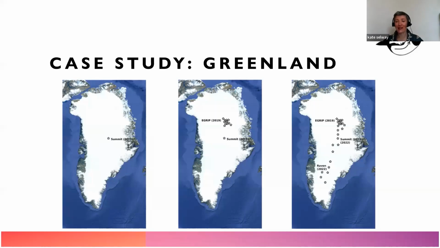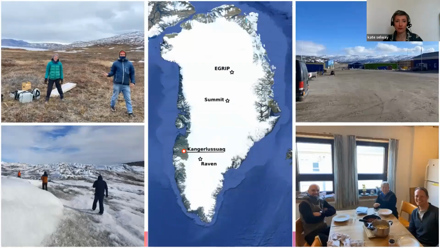Of course, that kept getting cancelled and delayed until, thankfully, this year we were able to go back and collect this really huge data set across much of the rest of Greenland. I'm only back three weeks, so I don't have results yet, but we're really hoping to model those viscosity variations across Greenland. There were no MT data collected on the Greenland ice sheet before this work, so this is really new.